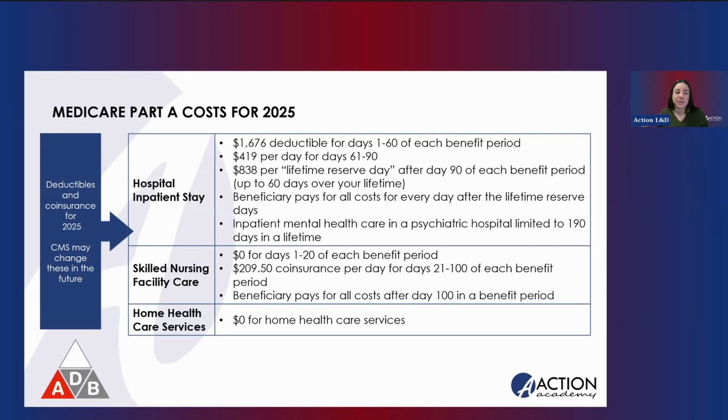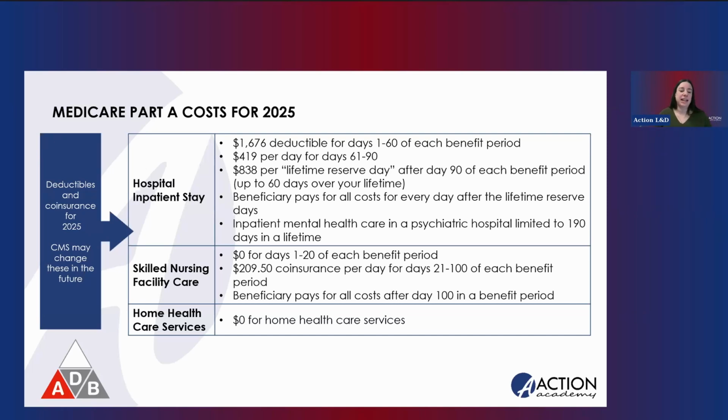So if you're still in the hospital after that 61st day, your deductible is reduced, but then you pay that every day. So that $419 is the deductible for days 61 through 90, but you have to pay that $419 every day. So, oh my gosh, God forbid you are still in the hospital after day 90. After day 90, you're now dipping into your lifetime reserve days, which you get 60 of.